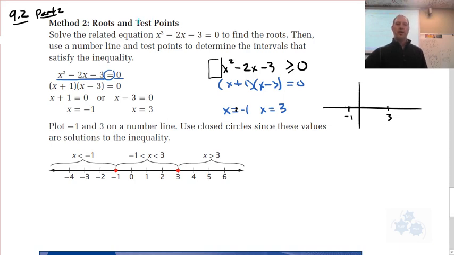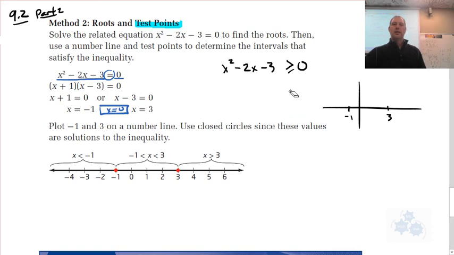So there's this part right here, test points. In between -1 and 3, you can find out if the graph is positive or negative. It's really easy. You just pick a point for x that's in between the roots, like x equals 0. If you plug in x equals 0, you can evaluate what you get there. So let me take the x's out.